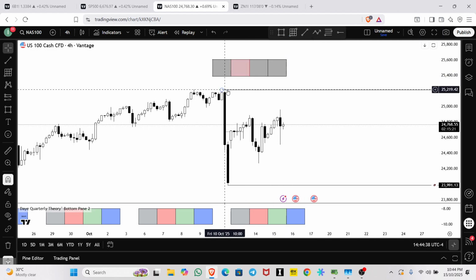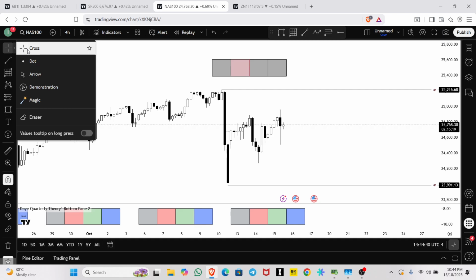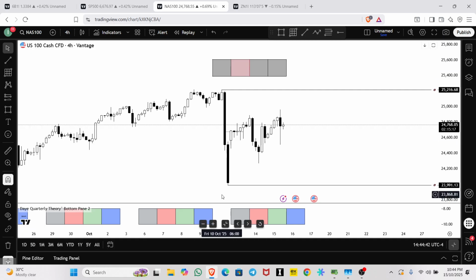If we take these 2, meaning we take Friday 1, Monday 2nd day, Tuesday 3rd, and the Wednesday as the 4th day, right?